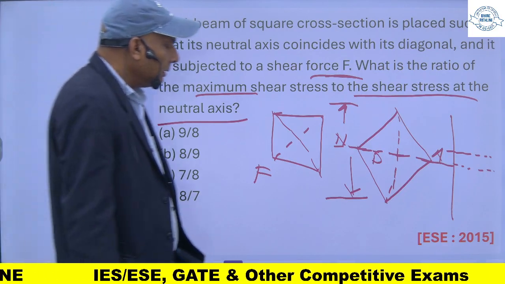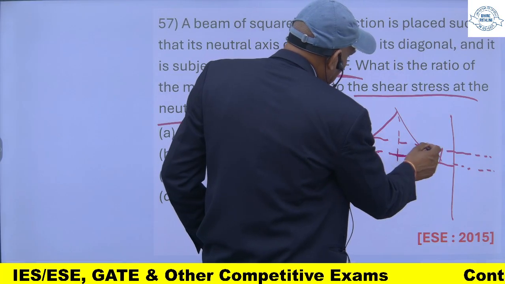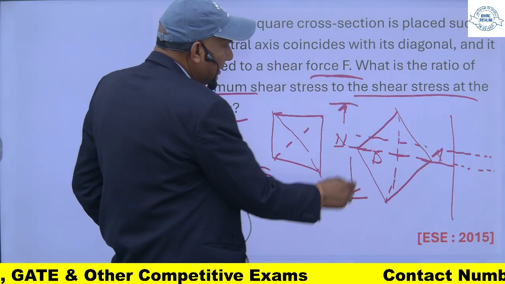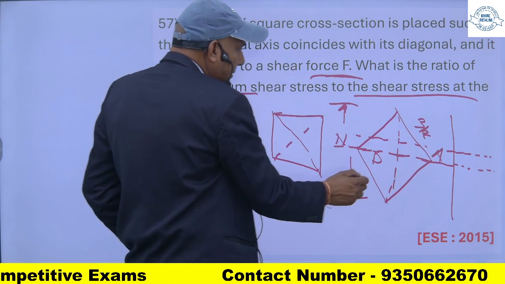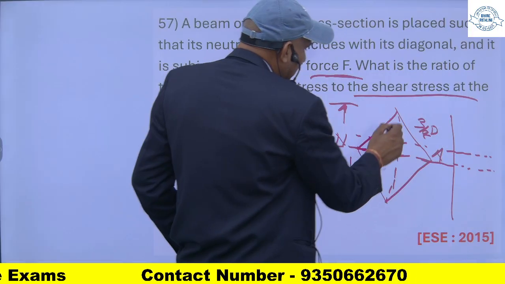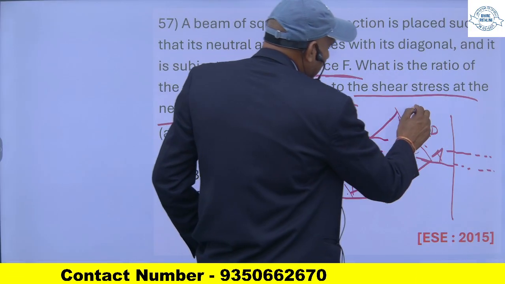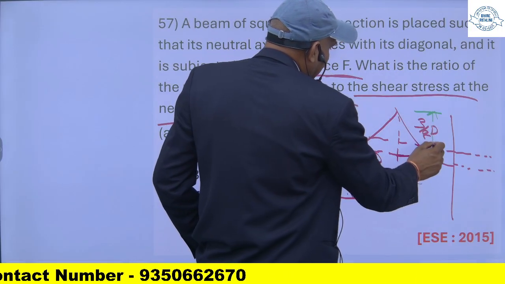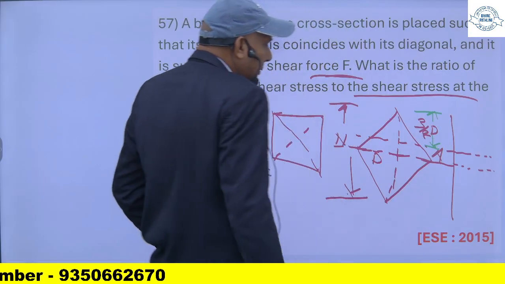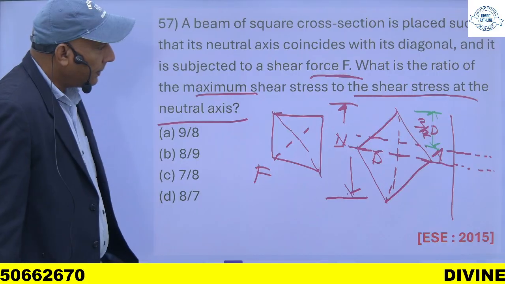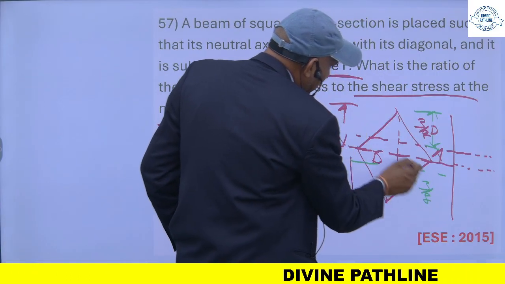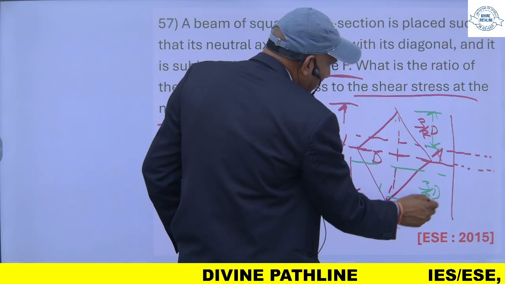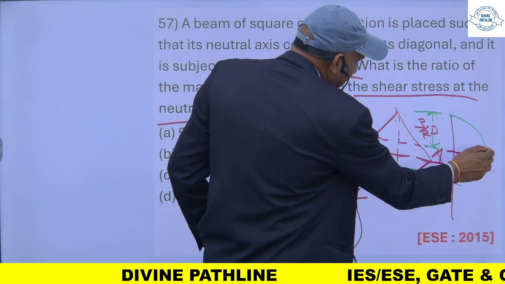Yes. So maximum shear stress will occur at 3/8 of this D. It will occur at this point, and similarly at this point, 3/8 of this total D. So you will get the maximum shear stress.